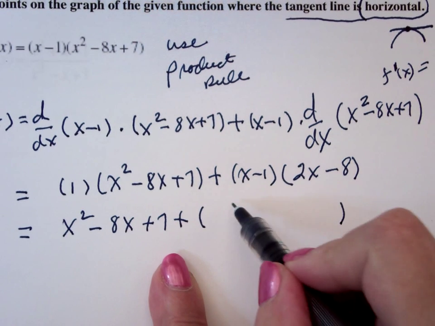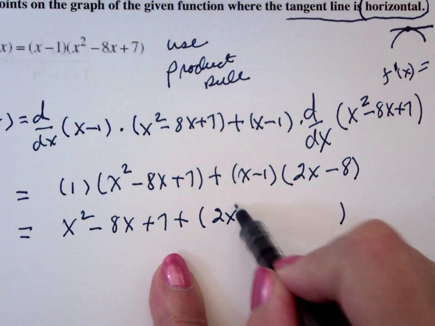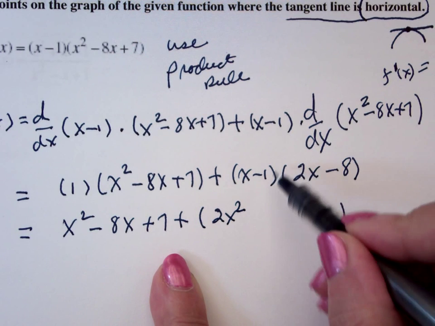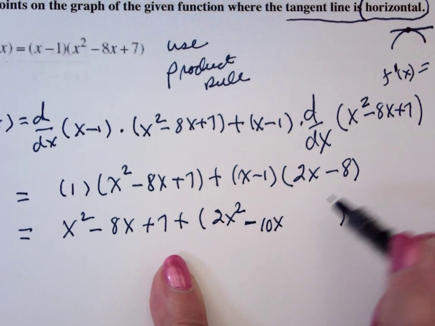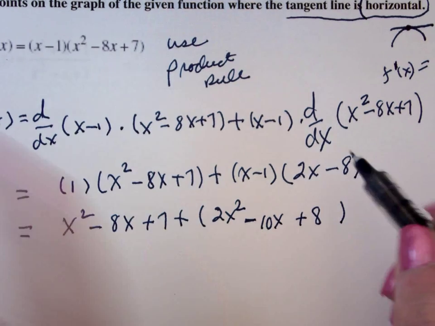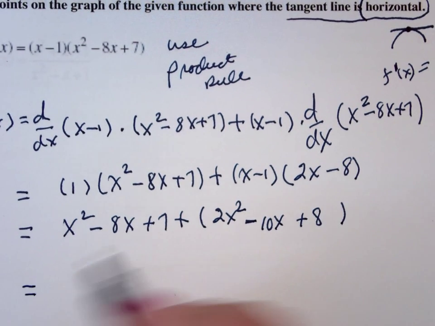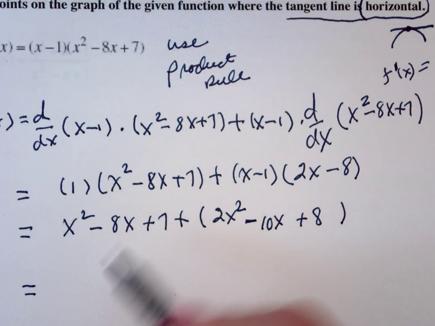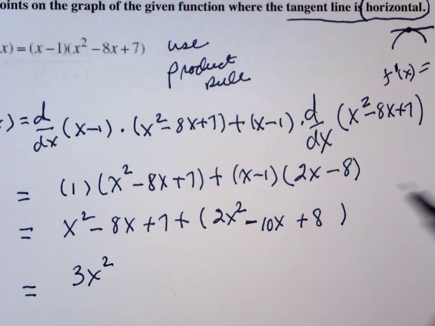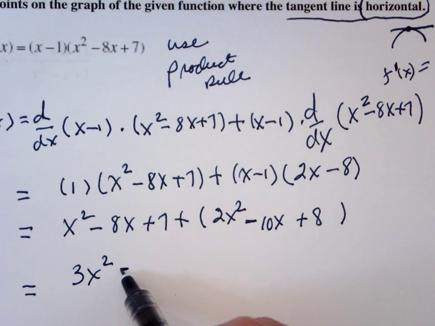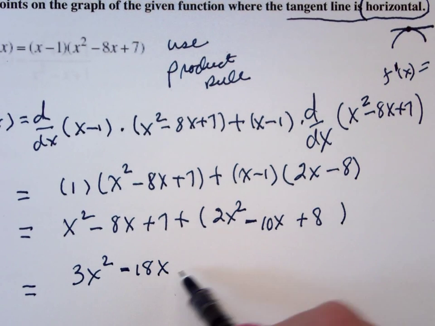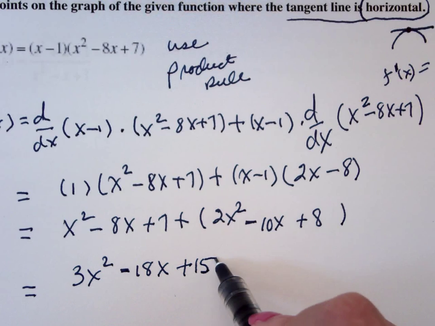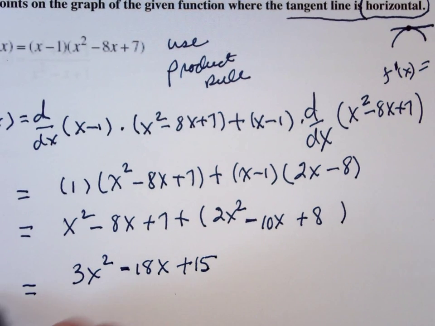So x times x, 2x is 2x squared, and minus 2x minus 8x minus 10x plus 8. And combine like terms, x squared, this is 3x squared, and then minus 18x, and plus 15. So that's f prime of x.